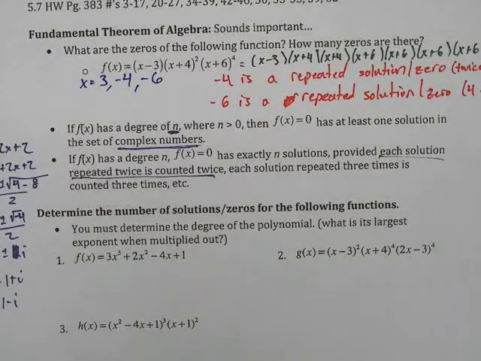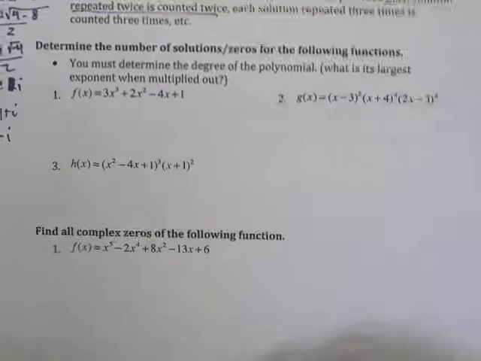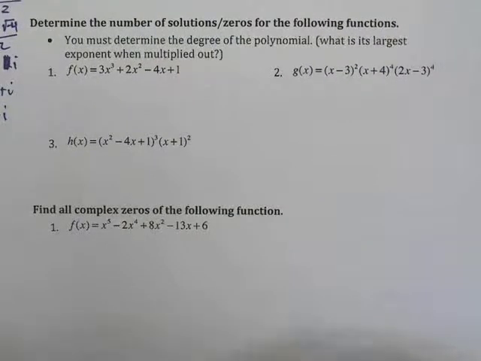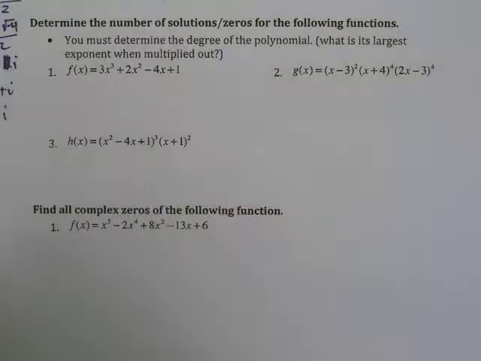All right, so some of the homework problems are going to be just as simple as this. Determine the number of solutions, or zeros, for the following polynomial functions. So I'm not asking you to find the zeros. I'm just asking how many zeros are there going to be. So let's look at the first one. f of x equals 3x cubed plus 2x squared minus 4x plus 1.